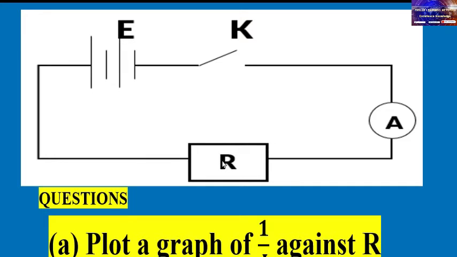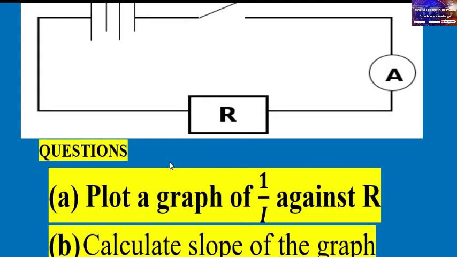The questions involved in this experiment number 3 come after performing the procedure and recording the results. We are not showing the results because they depend on the experiment; we don't have constant data. So after performing the experiment, you can meet these questions.